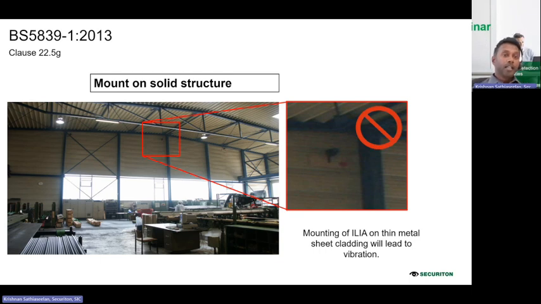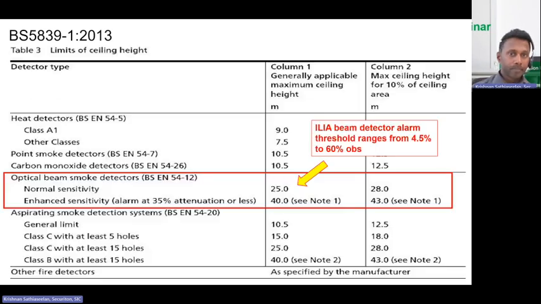In other words, you need to mount this on a solid structure. If the structure is prone to vibration or any movement, it will give you a false alarm. So if that is taken care of, then there shall not be problems in terms of detection. This is also mentioned in clause 22.5 in terms of installation of the beam.